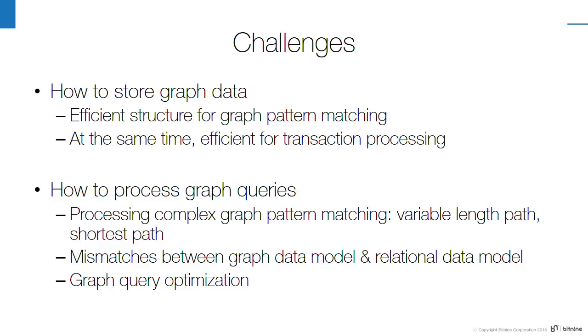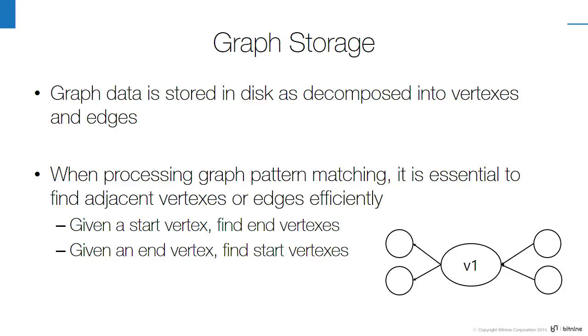I cannot deal with all these issues in this talk, so I will focus on the storage design issue in more detail. Let's move on to the internals of the graph storage. Graph data is stored in disk as decomposed into vertices and edges. And when processing the graph pattern matching, the decomposed vertices and edges should be combined.